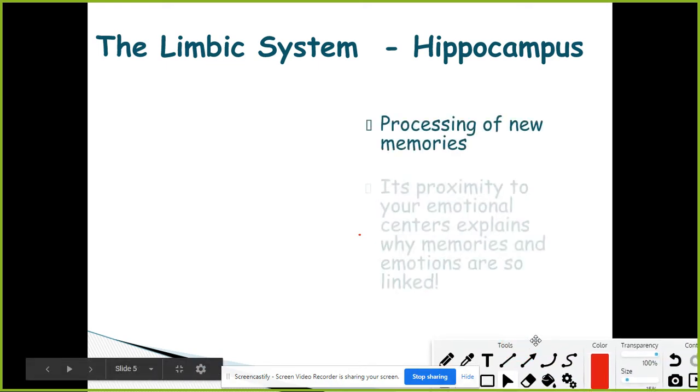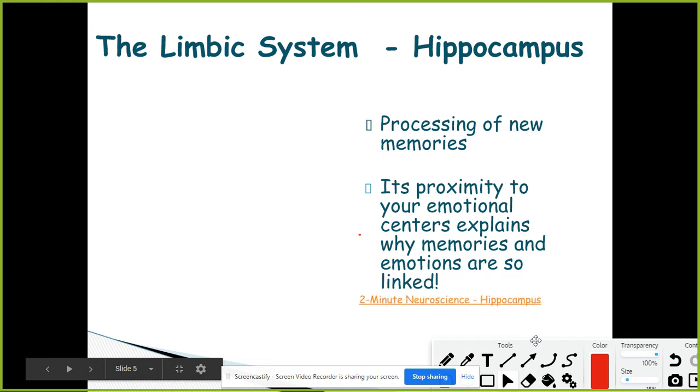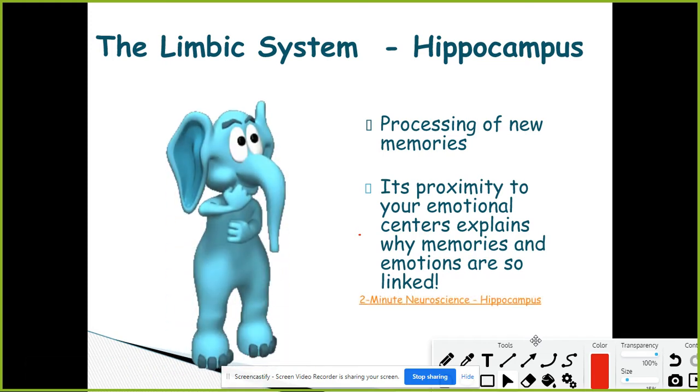All right, so now the large structure that surrounds the limbic system, the hippocampus. Okay, the hippocampus's main function, the one that you need to know for the purpose of this class, is processing new memories. Basically, anything that we deem important enough to remember, the hippocampus works to put it from short-term memory to long-term memory.